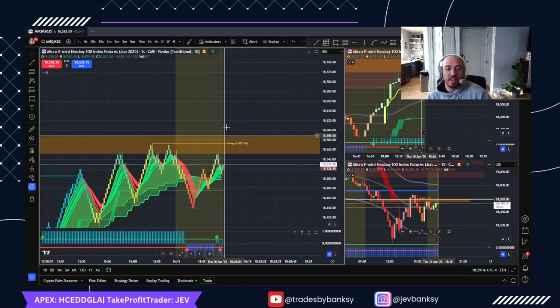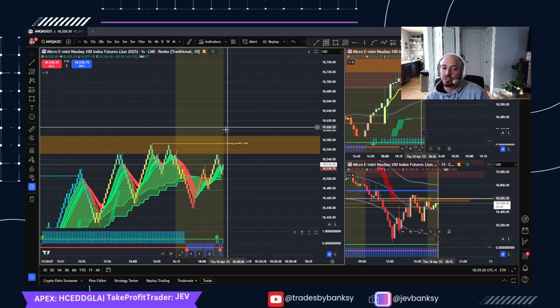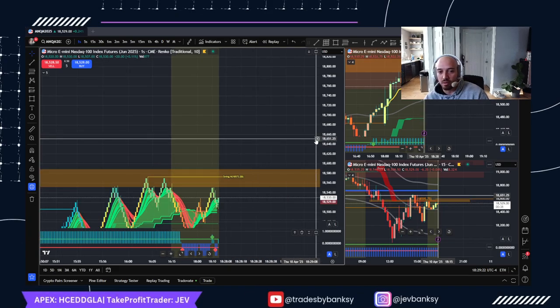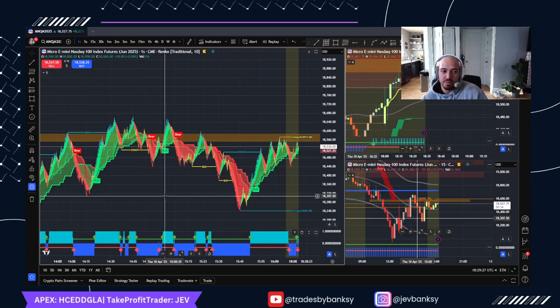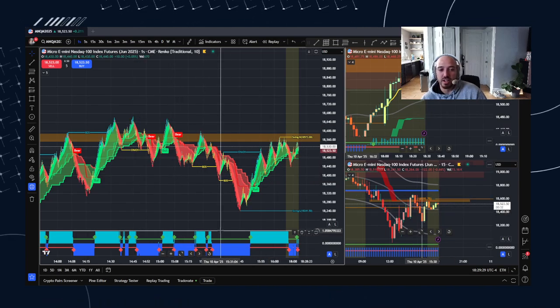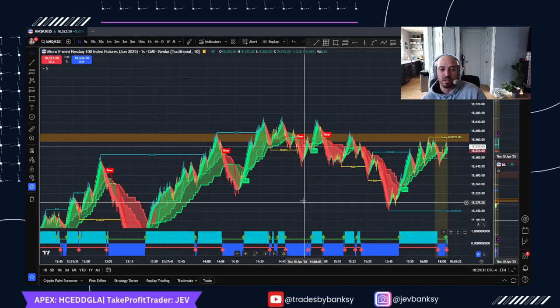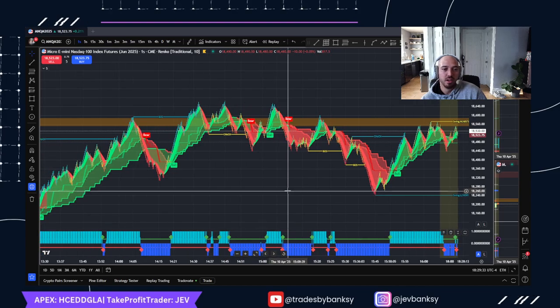If you then see a move past it, and you see it come back to retest, and then you see an entry, then boom, get in. But for the most part, this alone will keep you out of a lot of trades. You can literally just do this realistically if you want to.